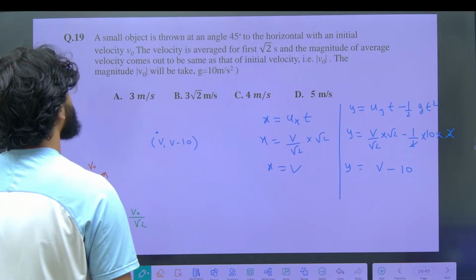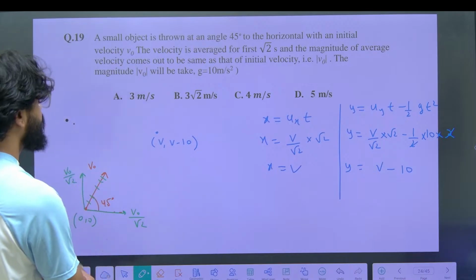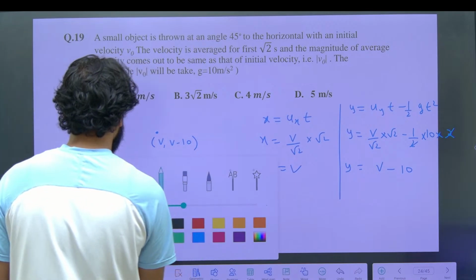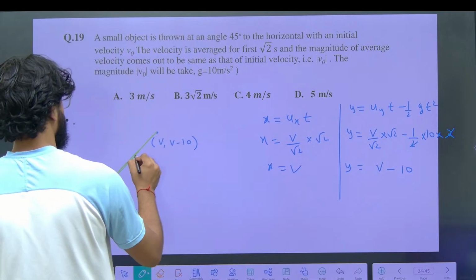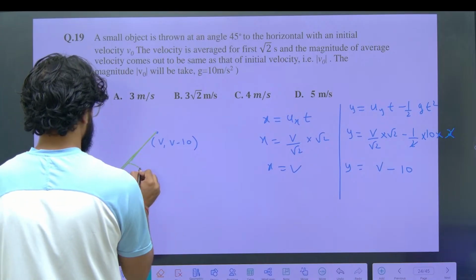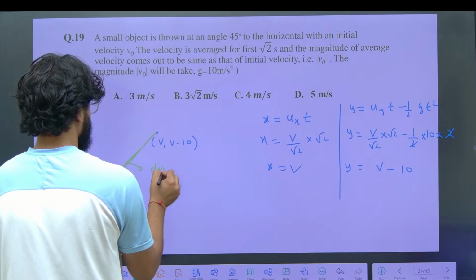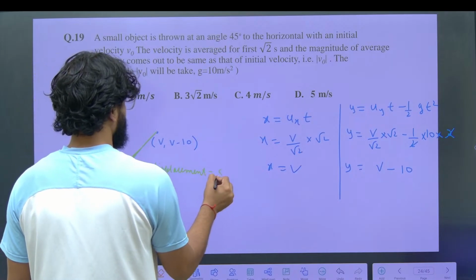Okay, correct. Now they are saying the magnitude of the average velocity comes out the same as this. So this is the displacement, that is s.